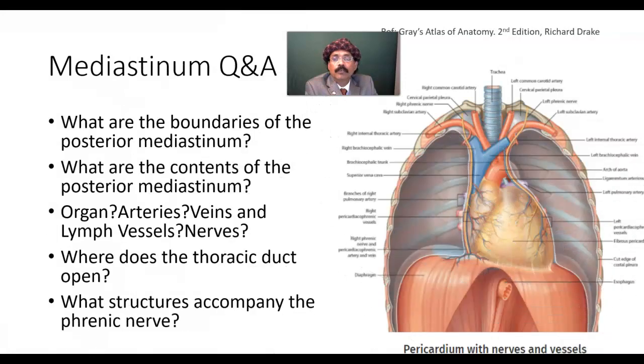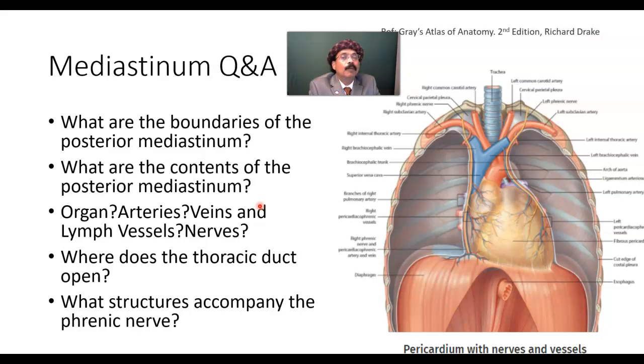Contents of the posterior mediastinum. Certainly the esophagus is a content of the posterior mediastinum. What other blood vessels are present there? The descending thoracic aorta and its branches, the azygos vein, hemiazygos vein, accessory hemiazygos vein, and certainly the lymphatic vessel, the thoracic duct.